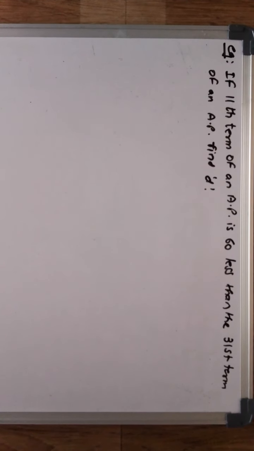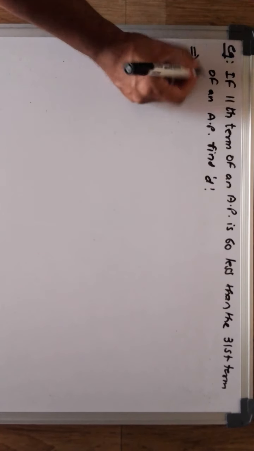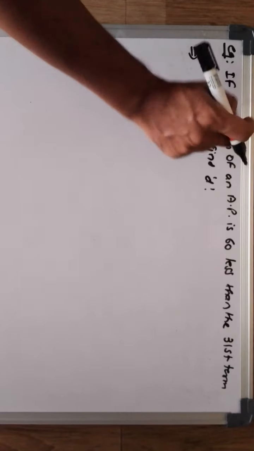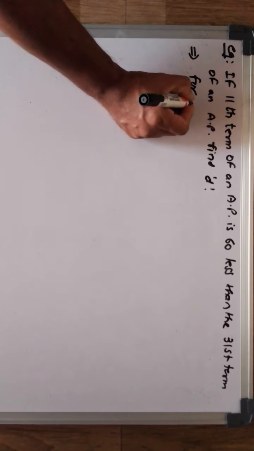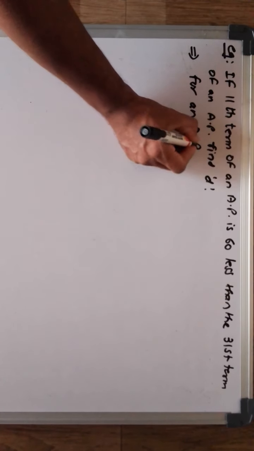If you remember how I told you to read questions comprising words like less, more, greater, exceeds, right? If you remember that, well and good. If you don't remember, again I will tell you.